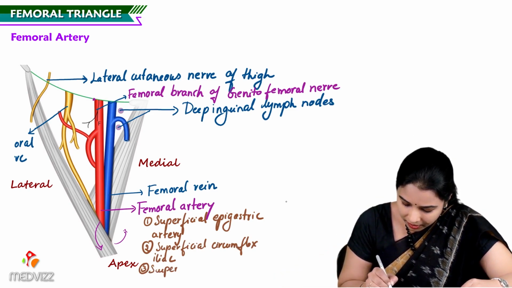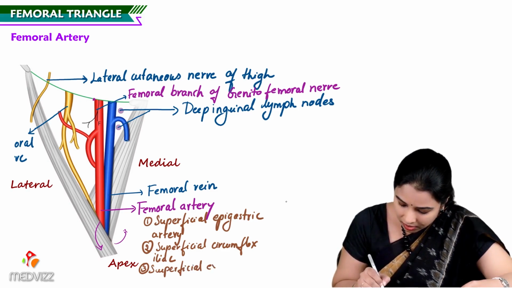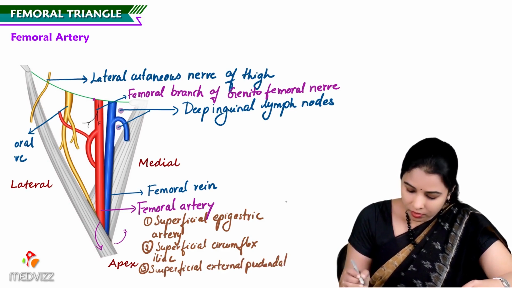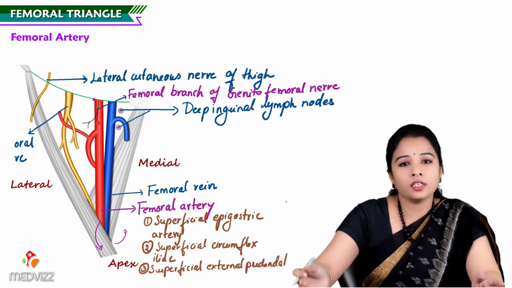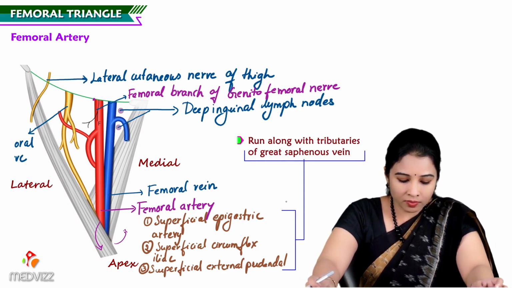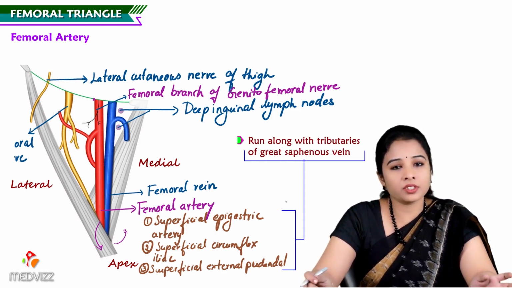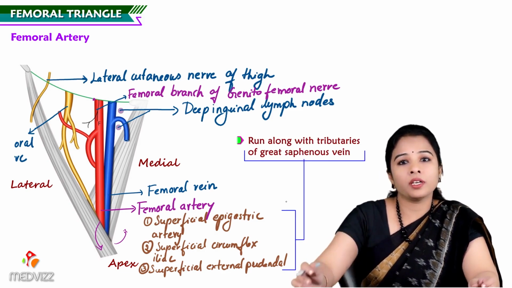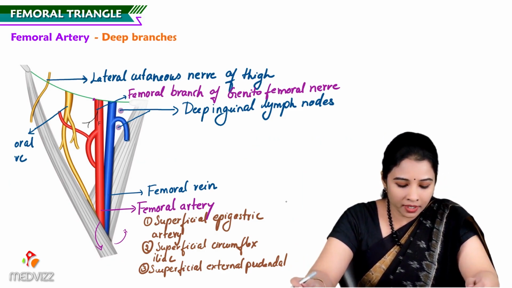All are superficial branches. These three branches run along with the tributaries of the great saphenous vein, which are present within the superficial fascia. So that is about the superficial branches, and we can see a deep branch here.